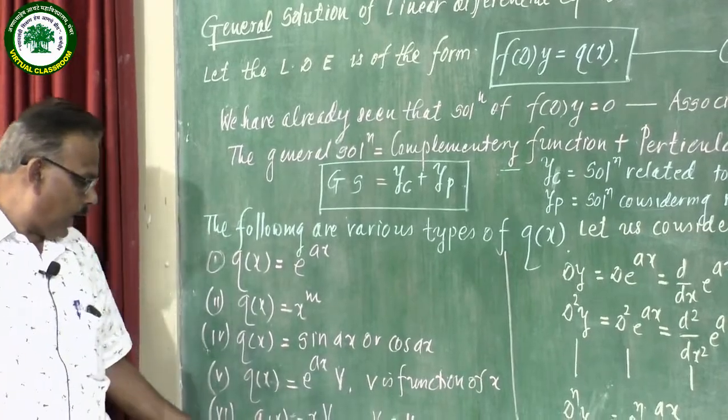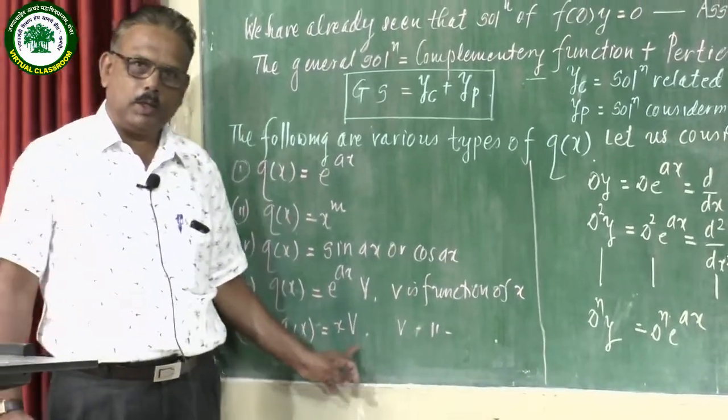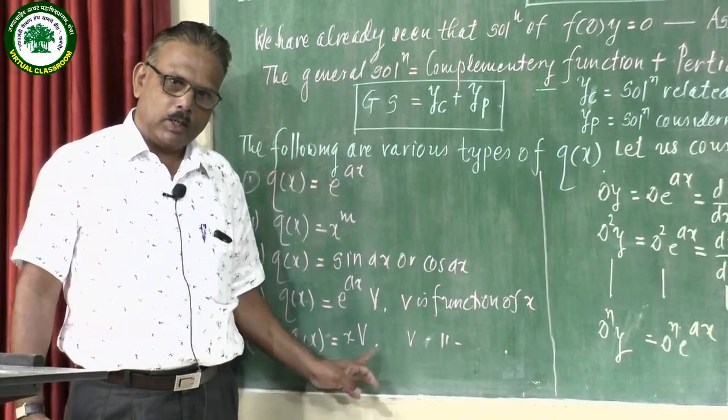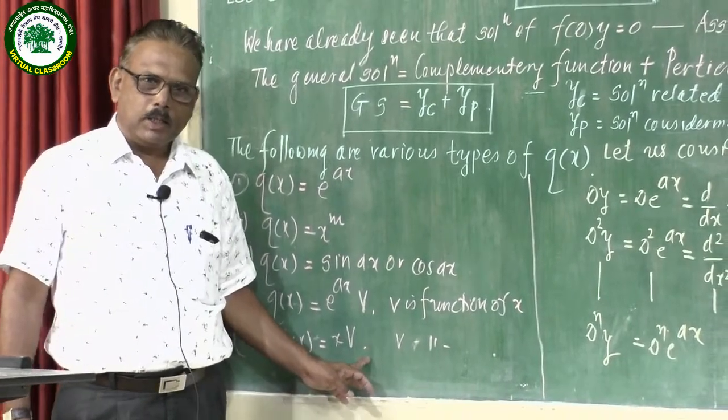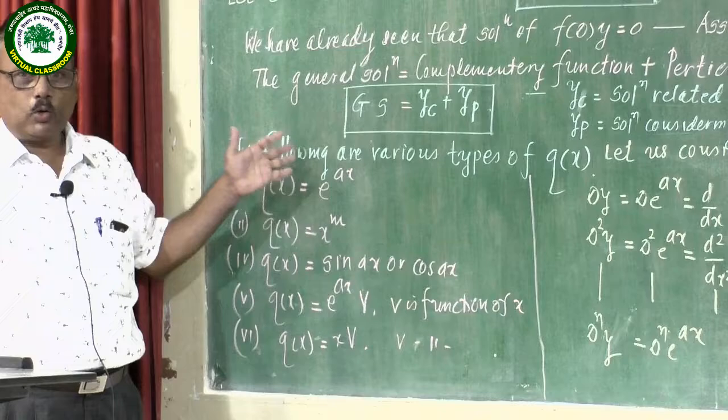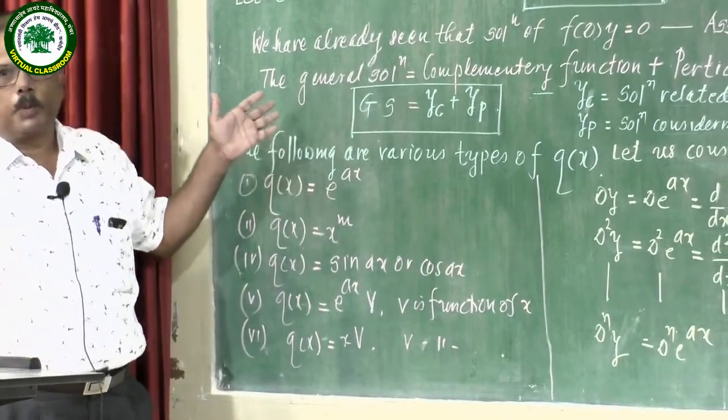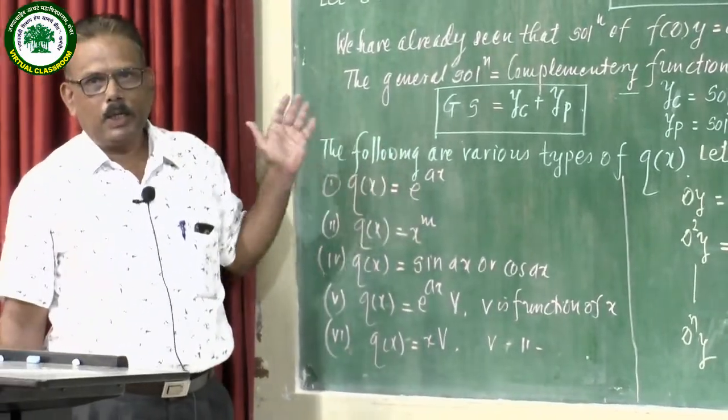In the last case, Q(x) is equal to x into V, where x is a function of x and V is also a function of x. In these 6 cases, we have to find the particular integral of the given differential equation.